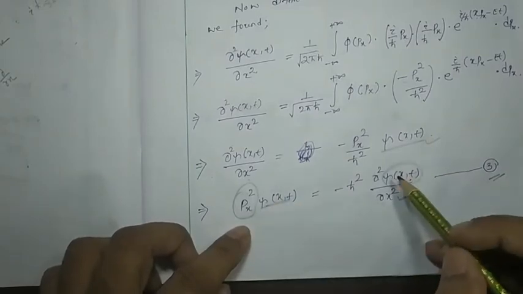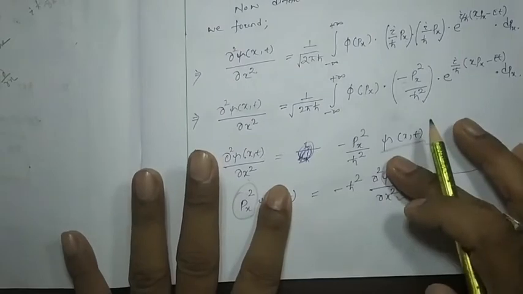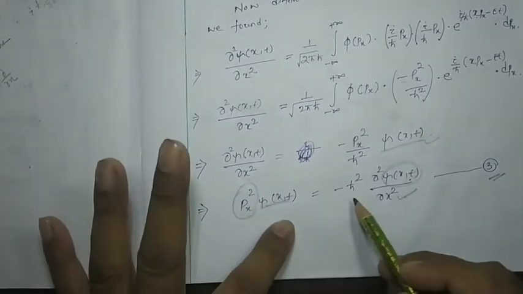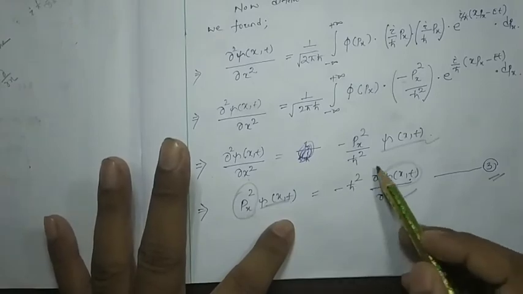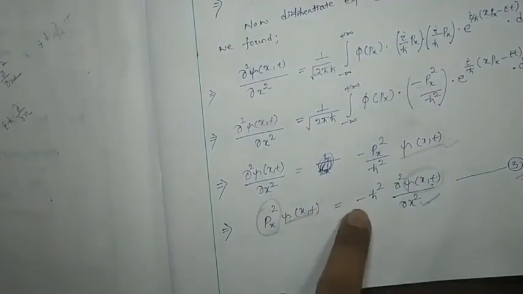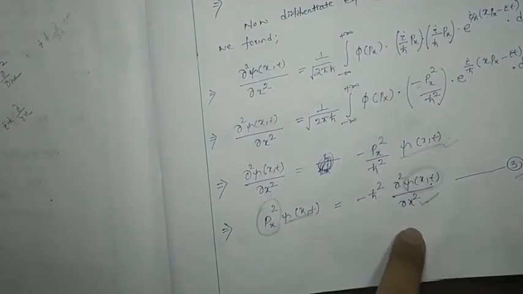So if we remove the function part, then I can find px square is equal to minus h cross square del square by del x square. Okay, so from this equation number 3, px square is equal to minus h cross square del square by del x square.